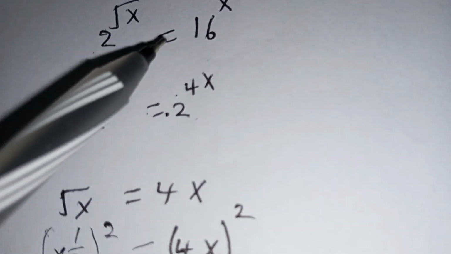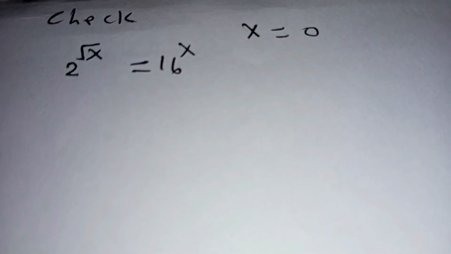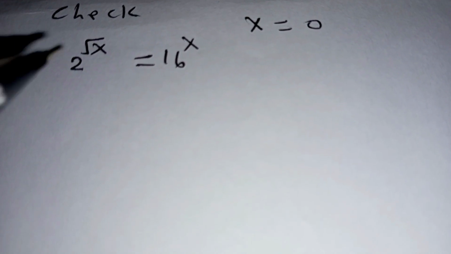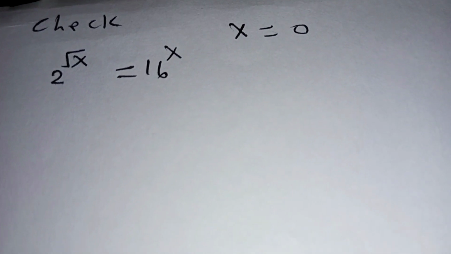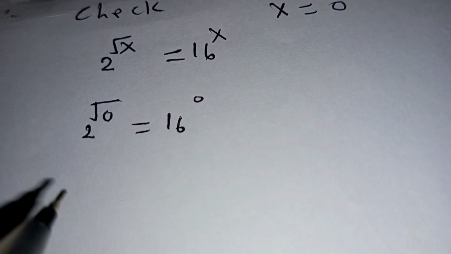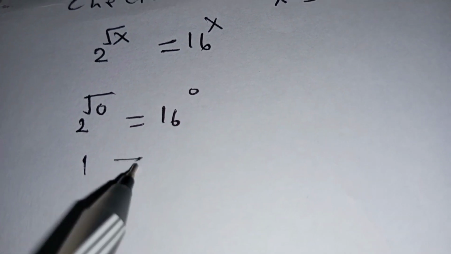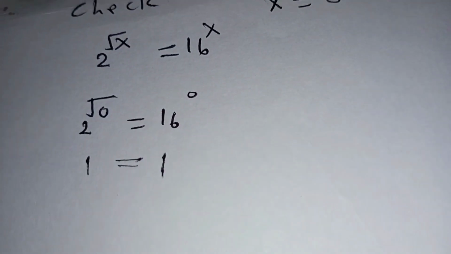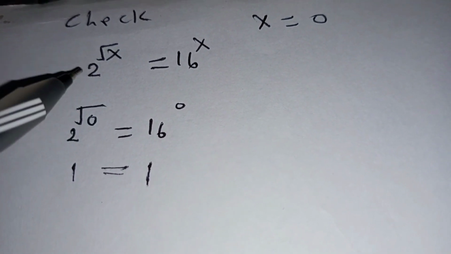So we are going to check by substituting the values we have obtained here. So we start with x equal to 0. We substitute the value of x with 0 and see what we obtain. Any number power 0 is equal to 1. 1 is equal to 1. So when x is equal to 0, our result holds.